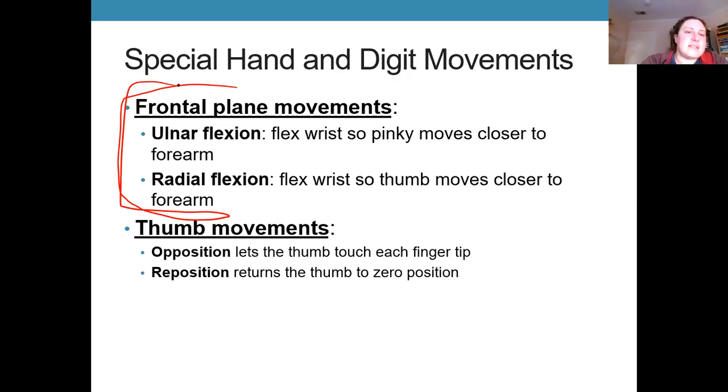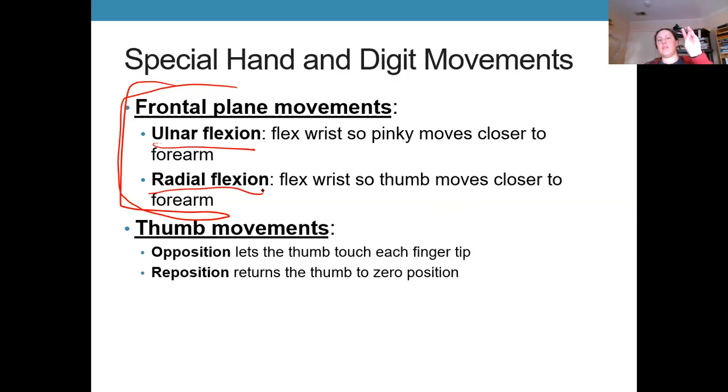So instead, they decided to use ulnar flexion when you move your pinky closer to your ulna, and radial flexion when you move your thumb closer to your radius. It's very, very stupid, but it exists, so I point it out. Now, opposition is how we have opposable thumbs.